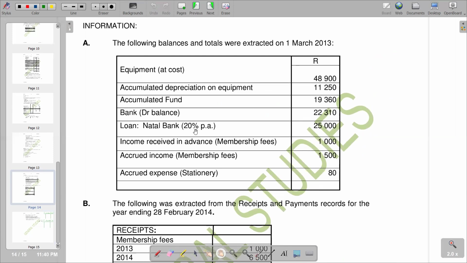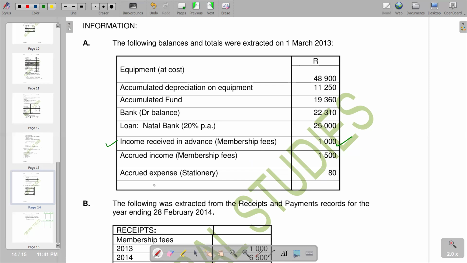We try to see the income received in advance, which is the membership fees. They're giving it here as 1,000. So this is going to be our opening balance in the income received in advance, 1,000.